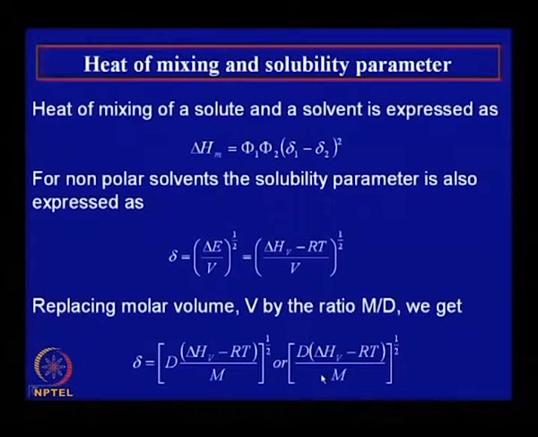Now, since this delta solubility parameter relates with this heat of vaporization, if you correlate this with the intermolecular interactions between the solvent and the solute, or even the solvent during evaporation or boiling, what happens?